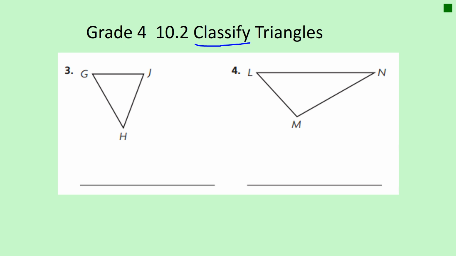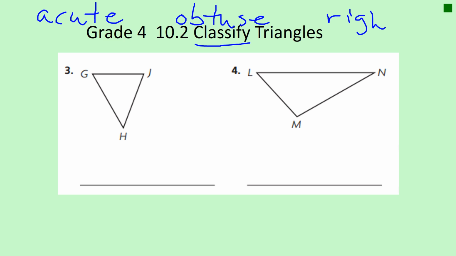Okay? And you know there are three angle types, right? There are acute angles, obtuse angles, and right angles. All right? And I bet in your class today you did a lot of exploration with triangles with these types of angles in them.